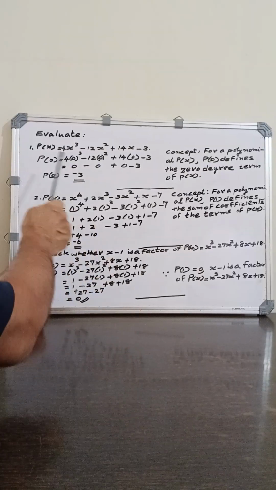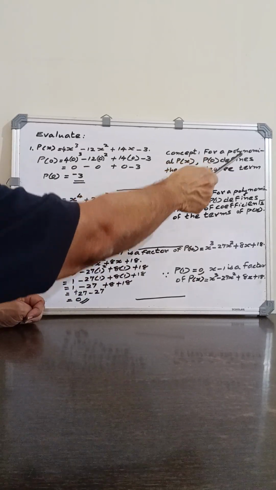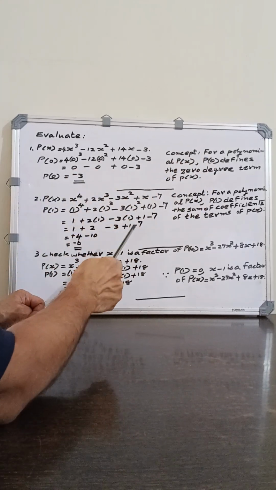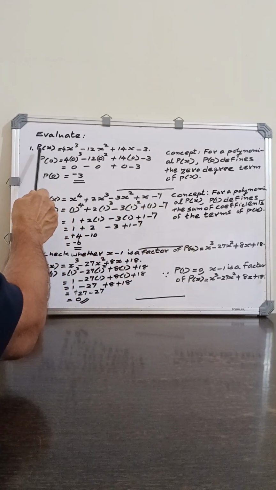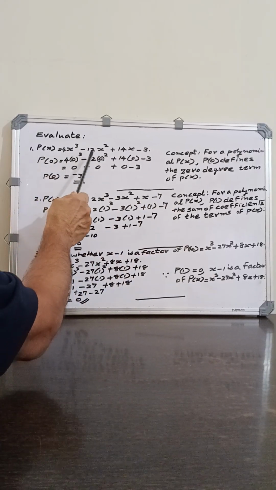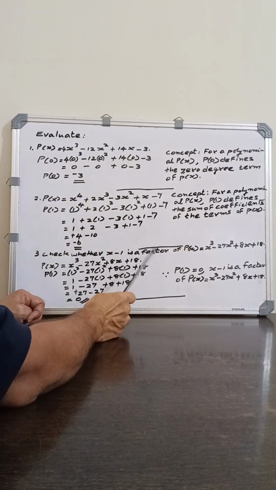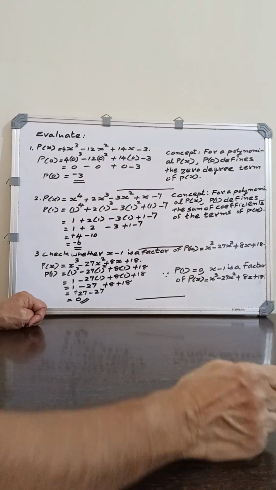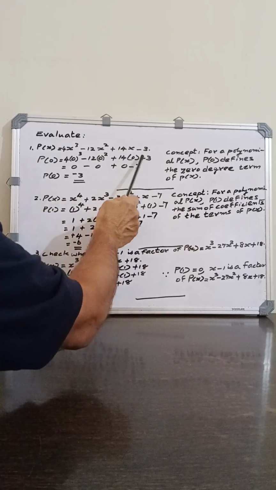The concept behind this is that for a polynomial P of x, P of 0 defines the 0 degree term of P of x. For example, P of x equals 4x cubed minus 12x squared plus 14x minus 3. Then what is P of 0? P of 0 is the 0 degree term of this polynomial.